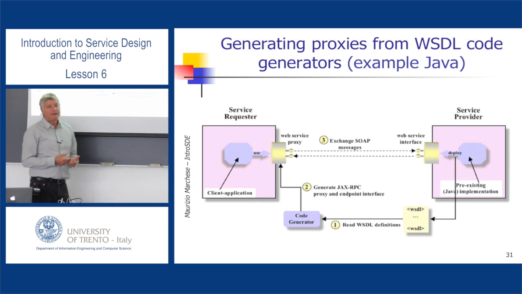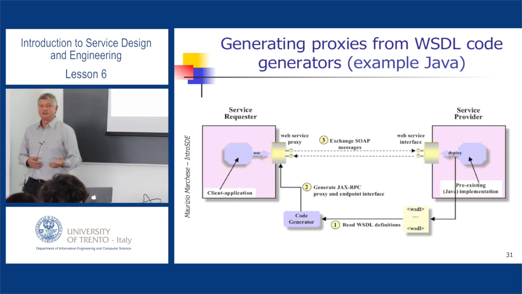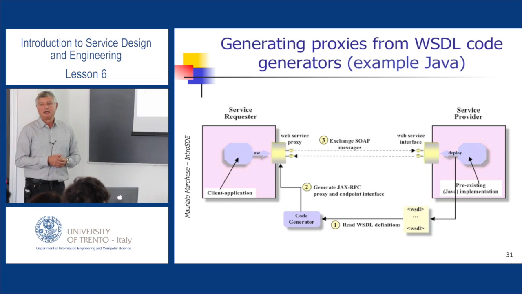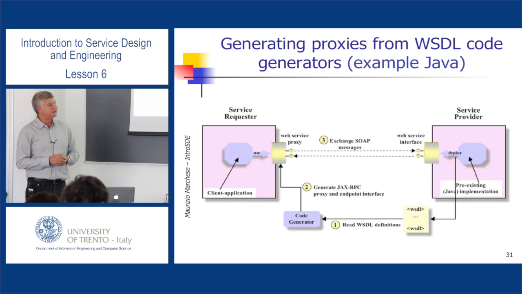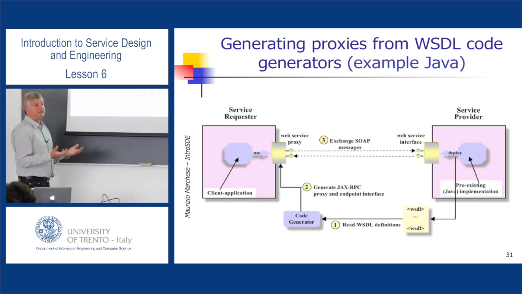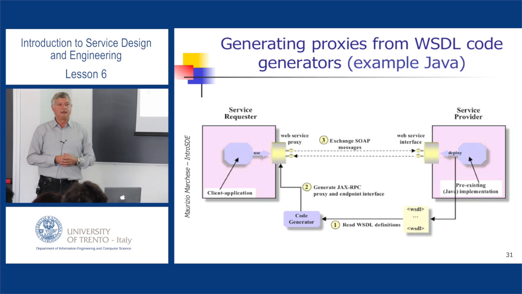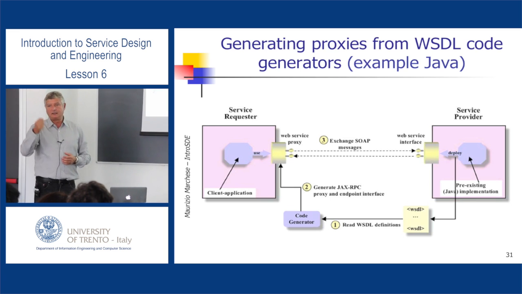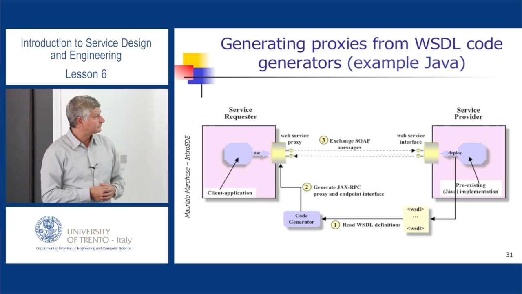This WSDL file has to be put somewhere accessible. It is on your server. It could be on some kind of repository like UDDI. We will briefly see about them in another lecture. Anyway, it must be available, and it must be at a specific point from which the various clients can download it. So it must be at a URI.